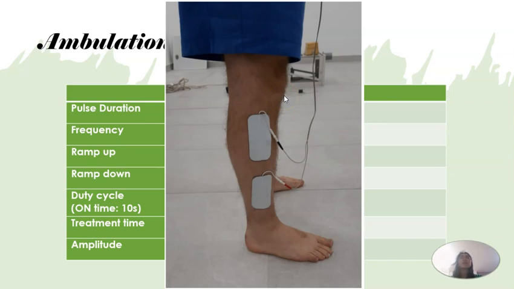Because if hindi mo na-target precisely to the motor point, it would mean that you will need a lot of milliampere, or you would require a lot of electrical current na ipasok dun sa muscle.